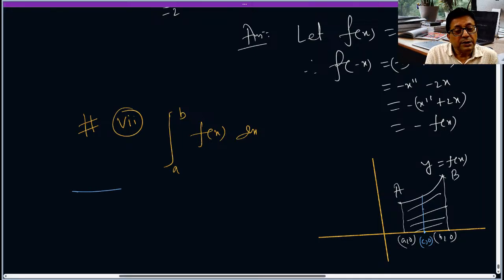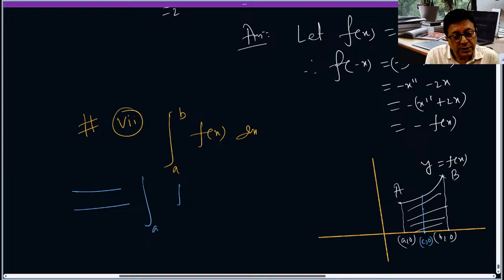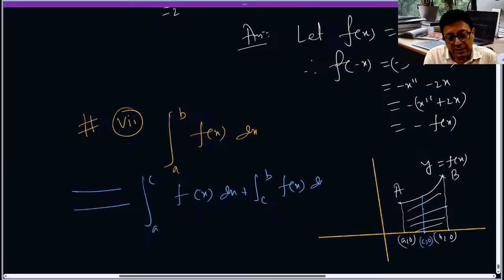Then this 7th property states that this is the integral A to C fx dx plus C to B. Is that clear? Yes, sir.